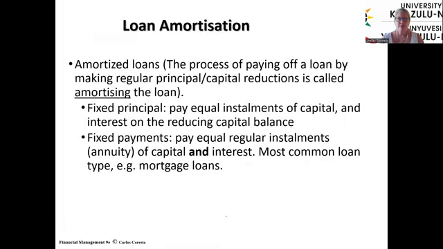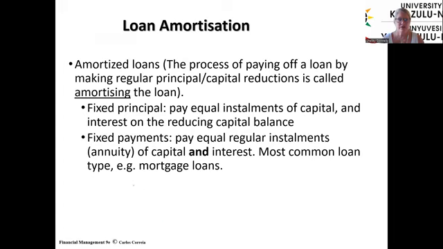So the last thing I want to teach you about today is loan amortization. Now, the process of amortizing a loan is when you pay it off by making regular principal or capital reductions. It can happen in two different ways.